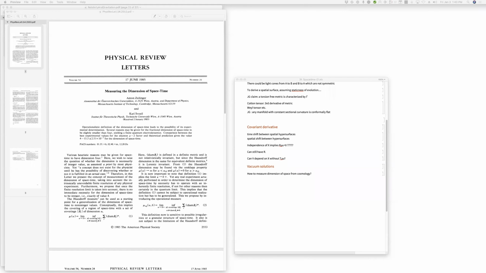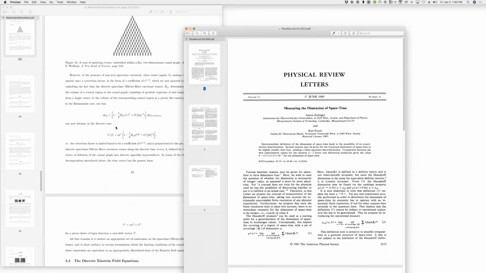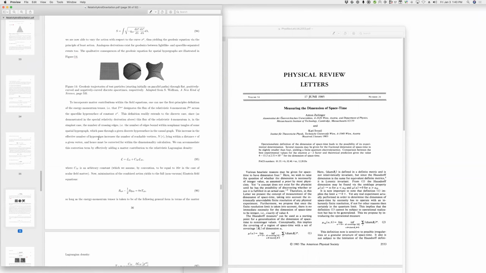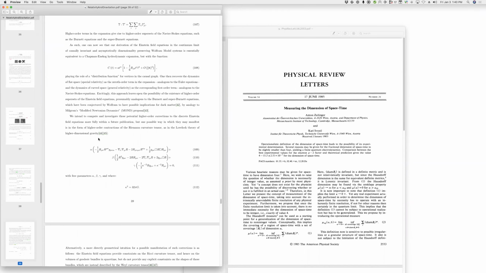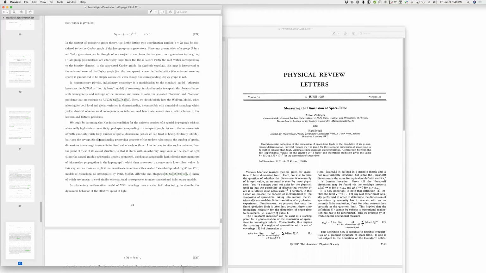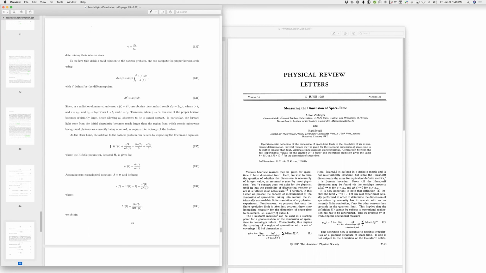Okay, well, so that's our answer. Can we write that down? What is that equation? It's in my paper, page 45, for the Friedmann equation. Okay.